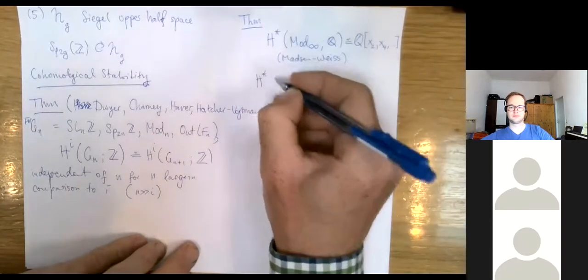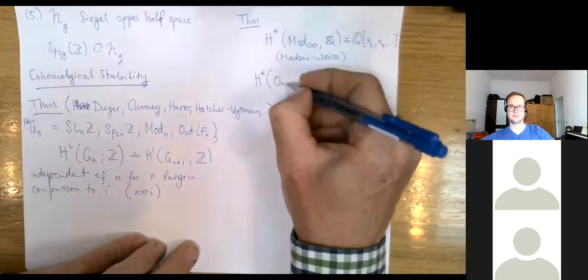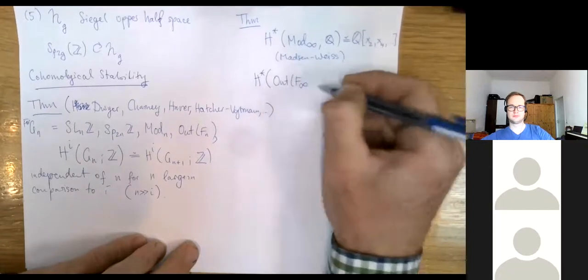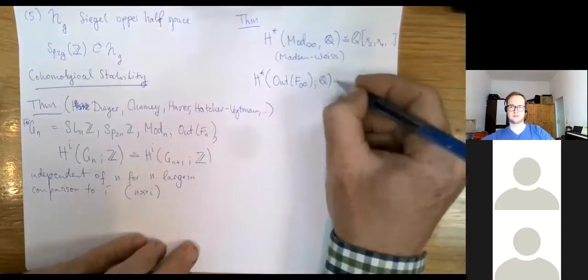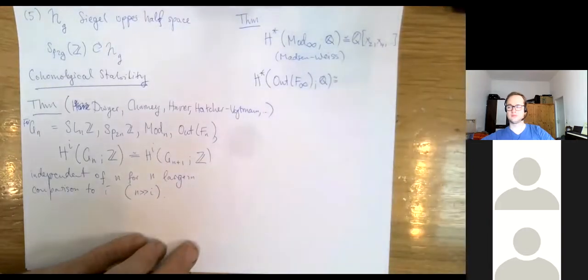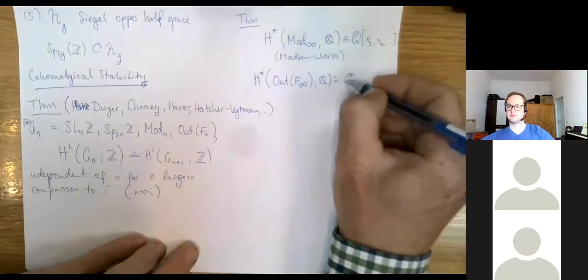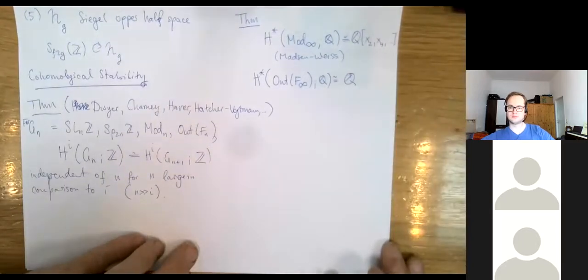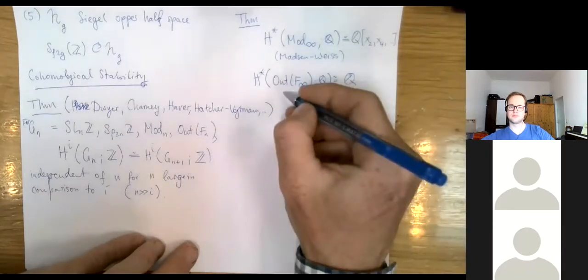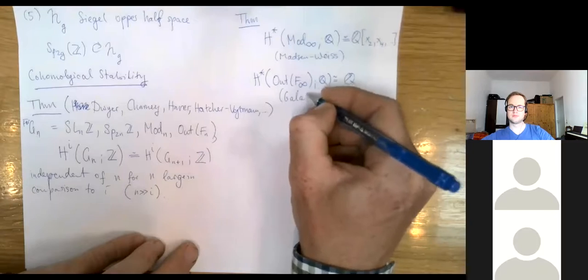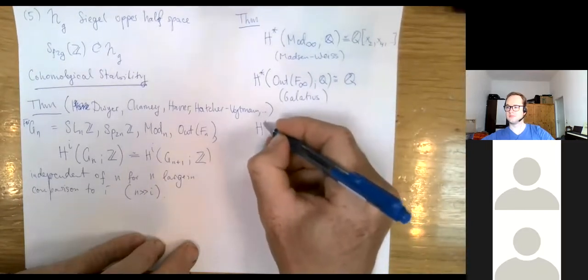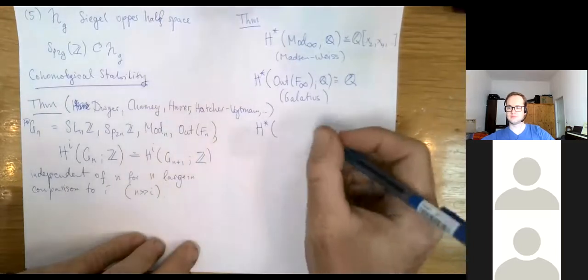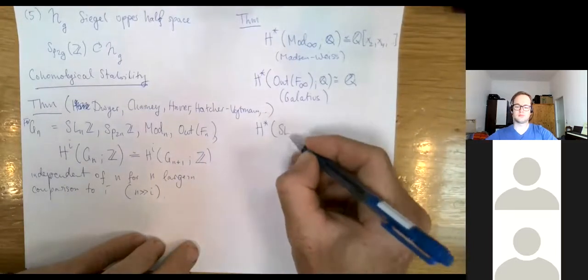The cohomology ring of the outer automorphism group in the stable range is just Q, so the cohomology is basically trivial. This was proven by Søren Galatius. I don't think he will talk about that. He will talk about the high cohomology in the end, but I want to say that here.